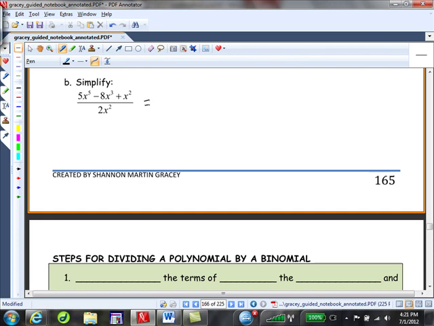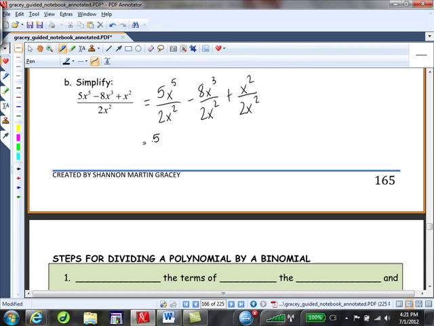So remember that this guy we can rewrite as 5x to the 5th divided by 2x squared, minus 8x cubed divided by 2x squared, and then plus x squared divided by 2x squared.